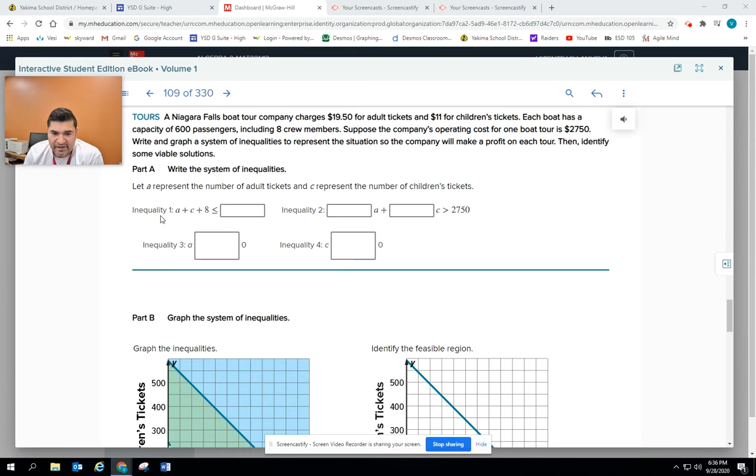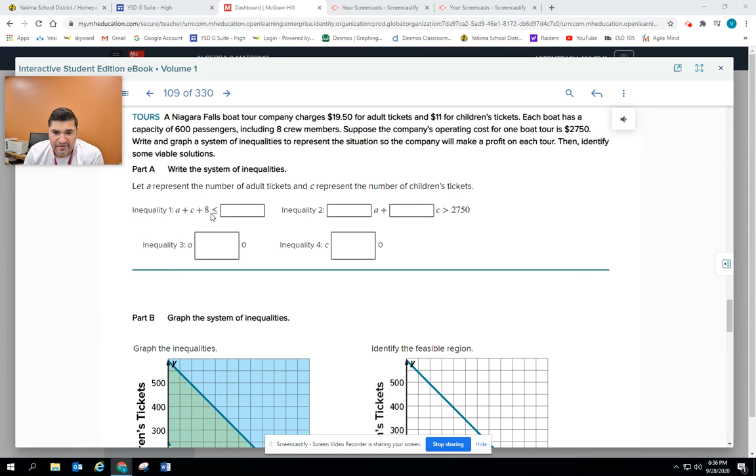Okay, part A, write the system of inequalities. Let A represent the number of adult tickets, and C represent the number of children's tickets. So here's one inequality that we can write. All together, we have A adult tickets, C children's tickets, and then 8 for the crew.